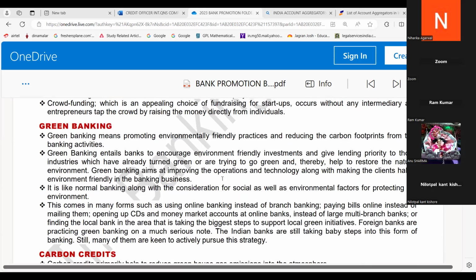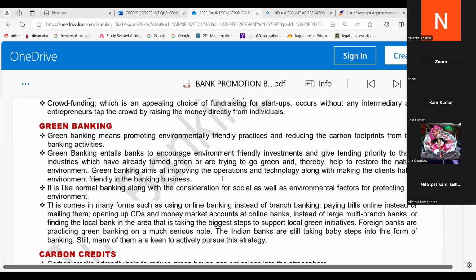Yeah, okay. Green banking means promoting environmentally friendly practices and reducing the carbon footprints from the banking activities. Green banking entails banks to encourage environment friendly investments and give lending priority to those industries which have already turned green or trying to go green, and thereby help to restore the natural environment. Green banking aims at improving the operations and technology along with making the client's habits environment friendly in the banking business.